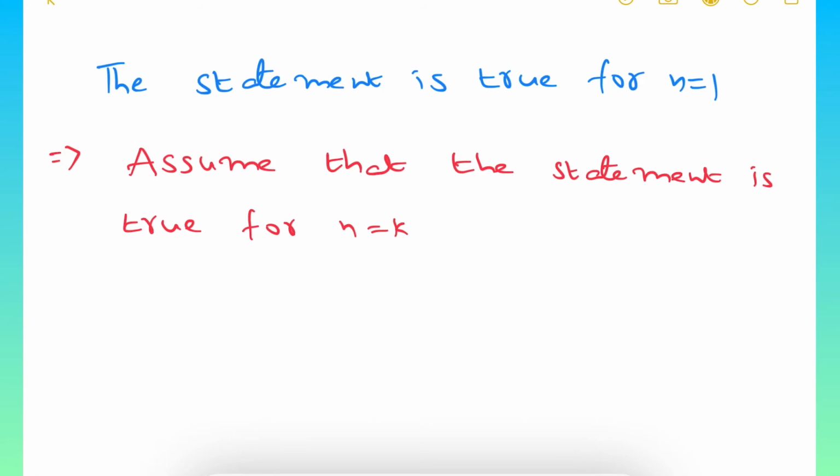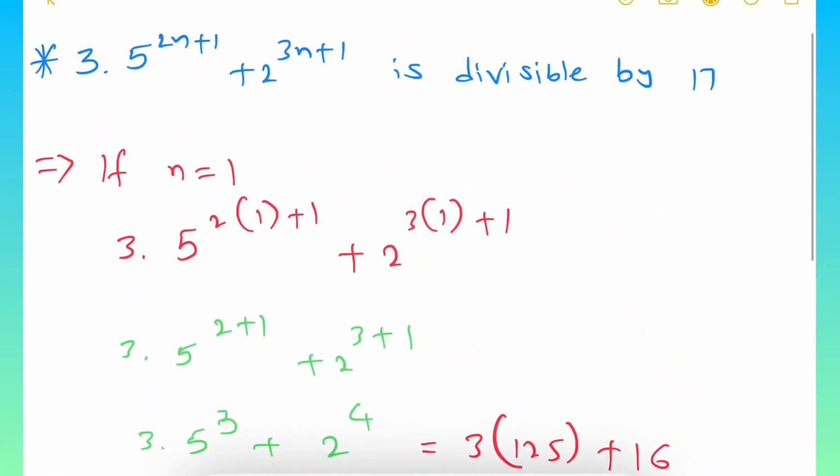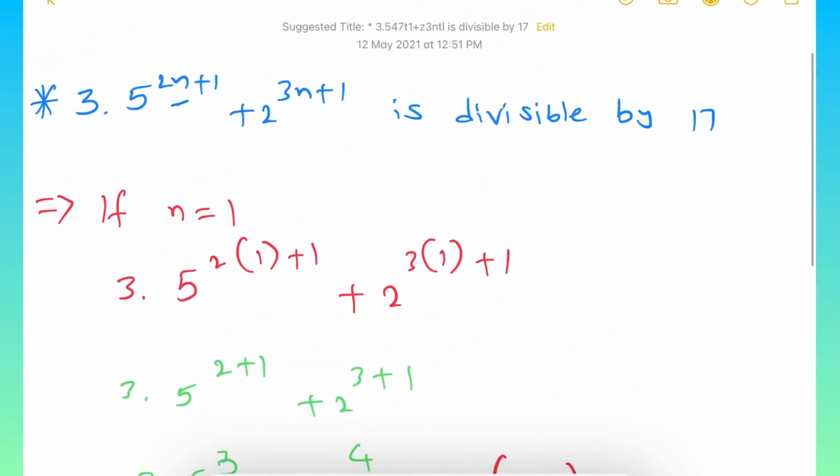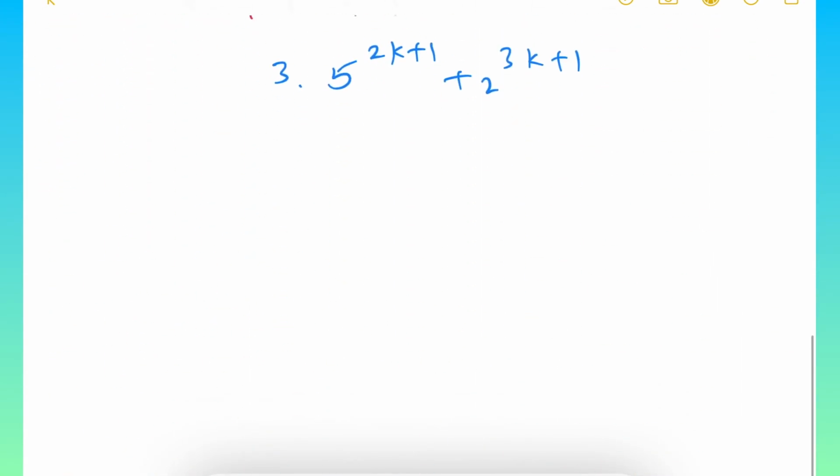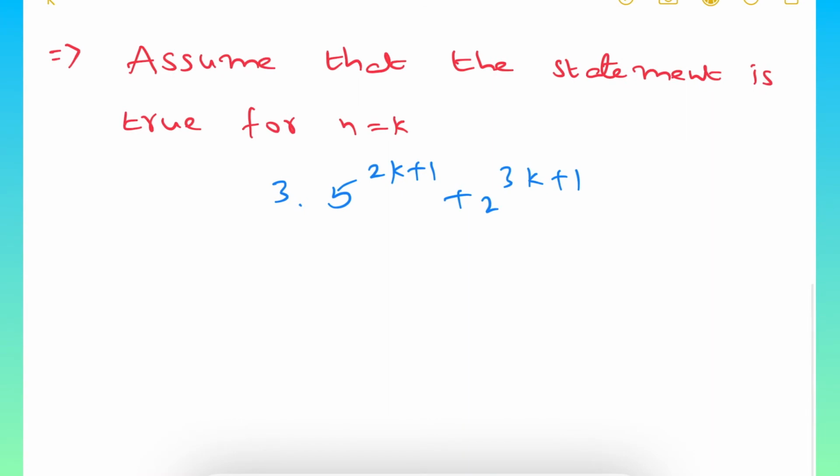So we will get 3 into 5 power 2k plus 1 plus 2 power 3k plus 1. Wherever I have n, in the place of n I substituted k. Now we assumed that this statement is true for n equals k also, so it means this is also divisible by 17.